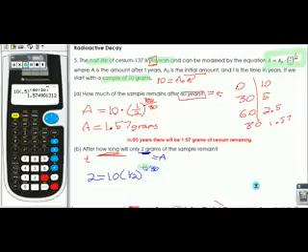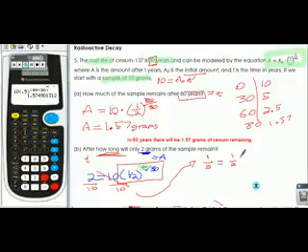So before I can do that, I need to isolate my exponential piece. My exponential piece is base raised to an exponent. So I have to get rid of this 10. Divide by 10, divide by 10. That will give me 1/5 or 0.2 equals 1/2 raised to the t divided by 30.